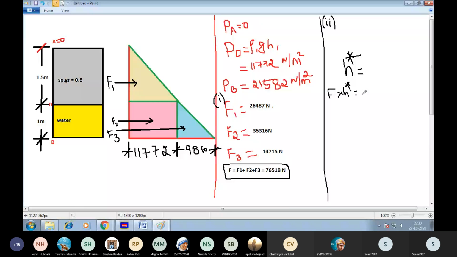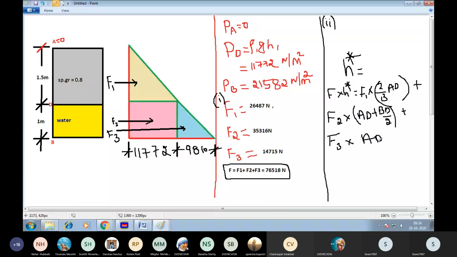F1 into 2/3 of AD, plus F2 into AD plus BD divided by 2, plus F3 into AD plus 2/3 of BD.